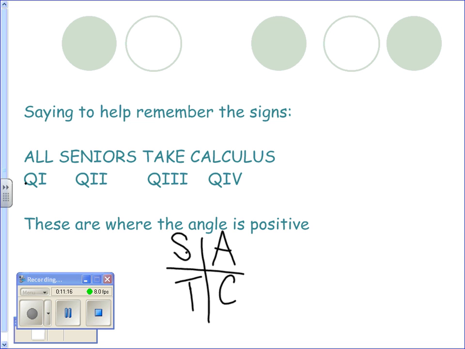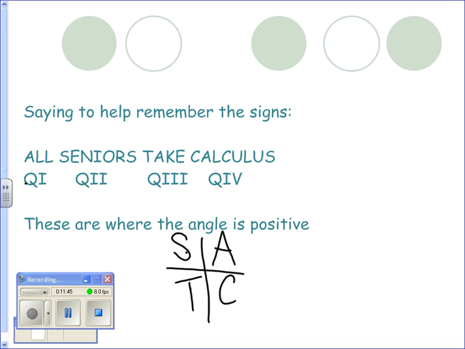All of them are positive in the first quadrant. Sine, cosine, tangent are always positive in the first quadrant. Only sine was positive in the second quadrant. Do you see that? Only tangent was positive in the third quadrant. And only cosine is positive in the fourth. Does that make sense? The other two are negative in the second, third.